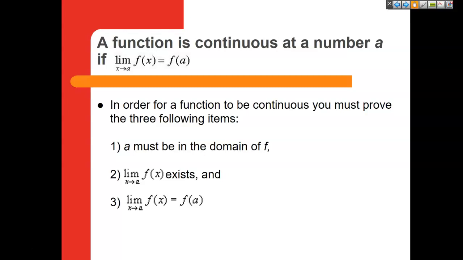The second condition is that the limit must exist. So in order for the limit to exist, the left-hand limit must equal the right-hand limit. If the limit exists and the point is in our domain, then the function is continuous if the limit equals the value of the function at that spot.